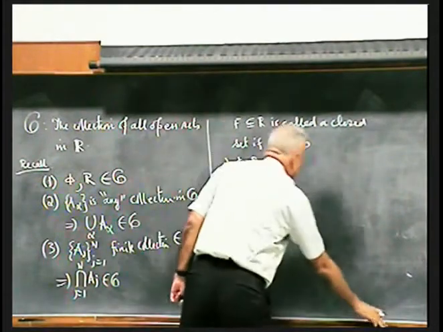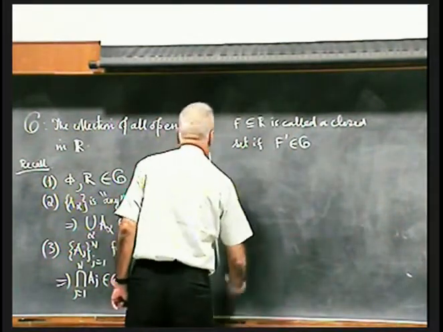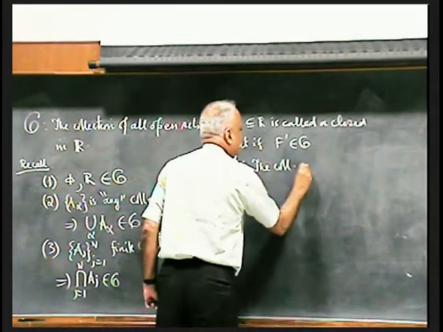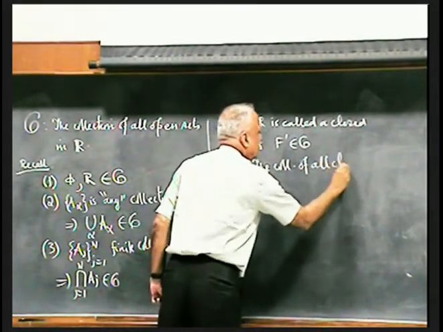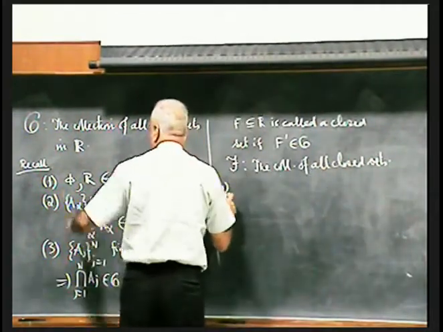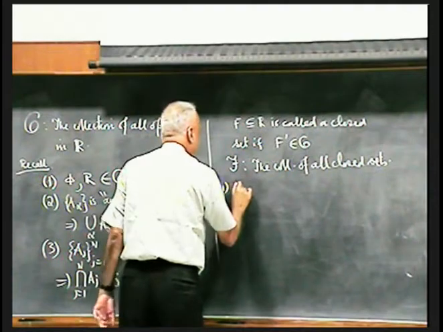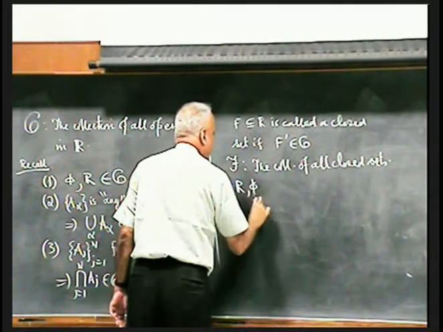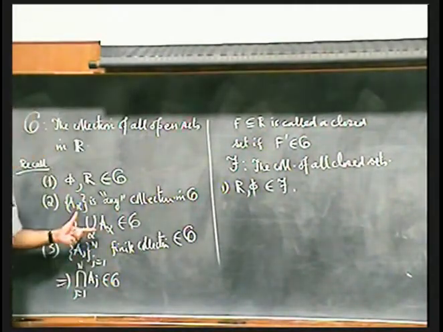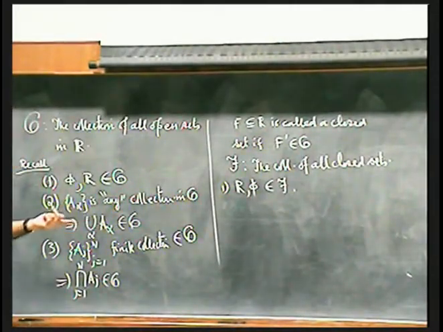Let me denote by script F the collection of all closed sets. So the first property we get from there is that phi complement, R, and R complement are closed sets. And the dual of this is that the intersection of any collection of closed sets will be closed and the union of a finite collection of closed sets will be closed.